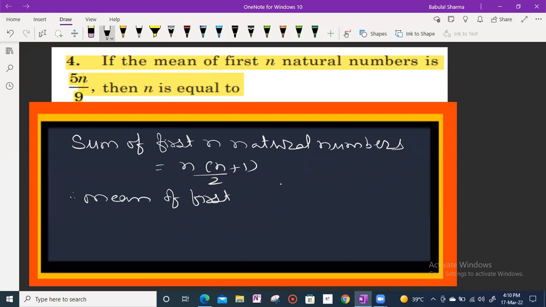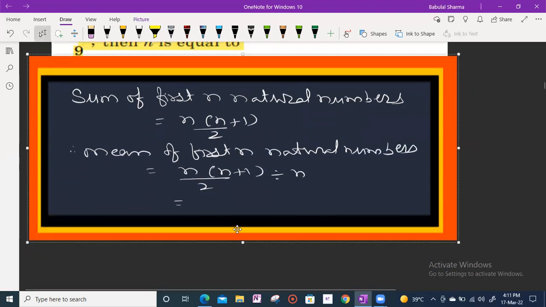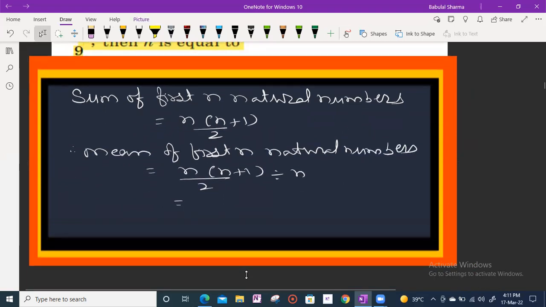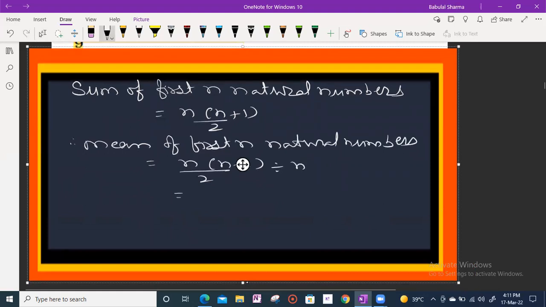will be n into n plus 1 by 2 divided by n. On division, n and n cancel, so it is n plus 1 by 2.